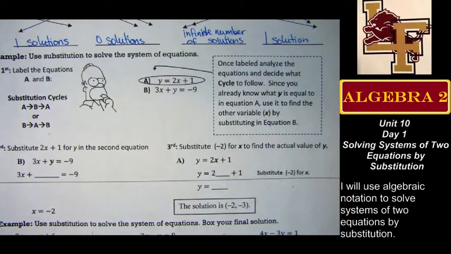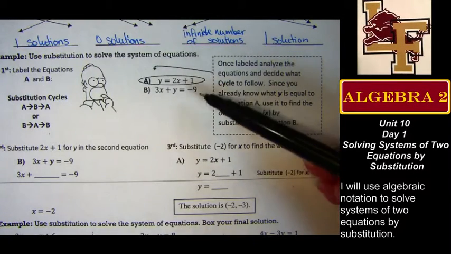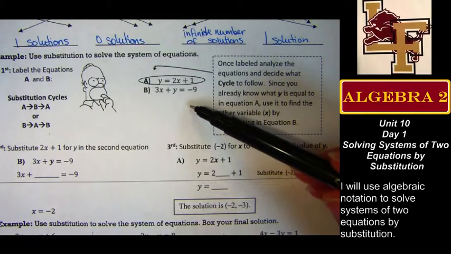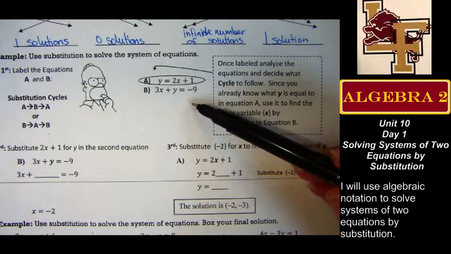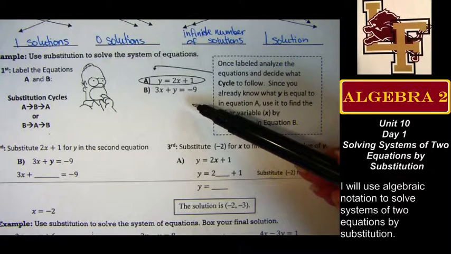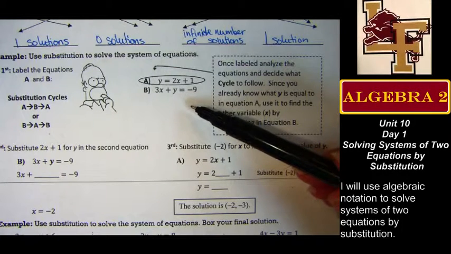The first step, look at your system and find or create one of the equations so that it is solved for one of its variables. You want one of your equations in your system to look like x equals stuff or y equals stuff. That's step one.